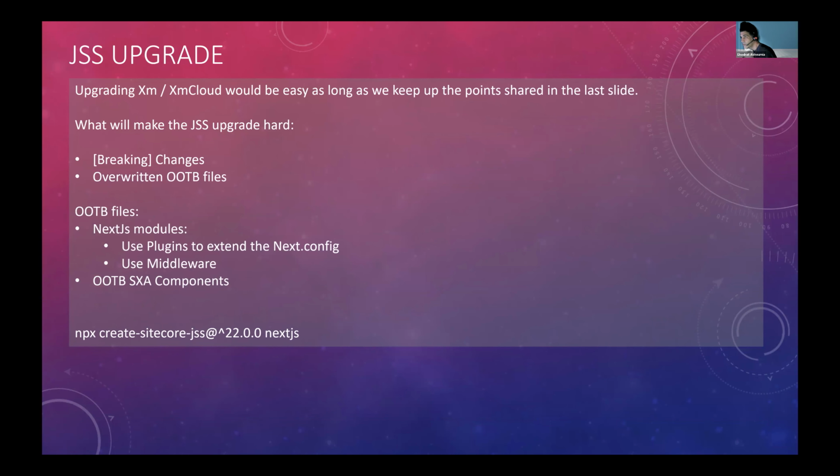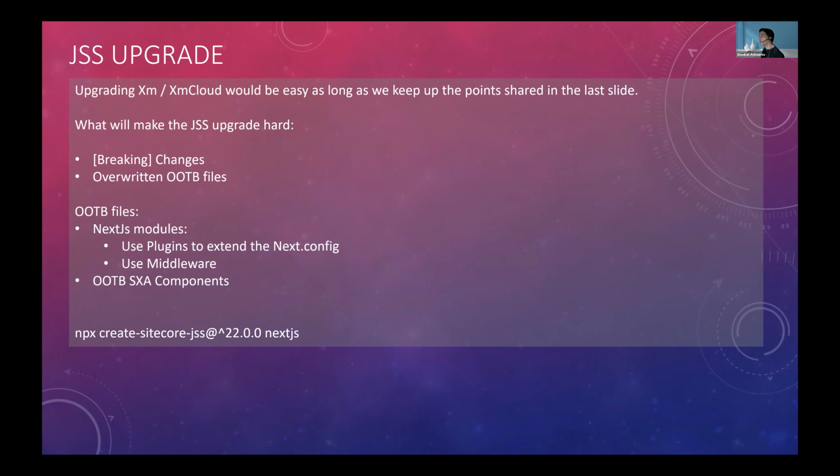The next topic is about the JSS upgrade. We discussed the xmCloud. As long as you don't do any changes, you won't have an issue with the xmCloud or the XM on-prem.